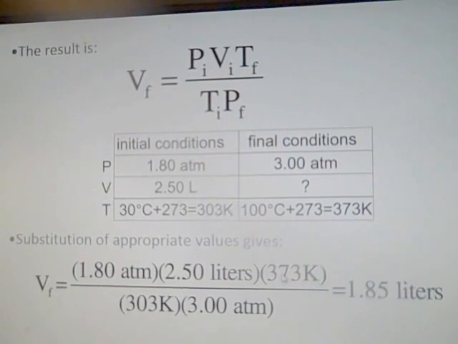You can see it on the bottom as well. And then in the denominator we have the initial temperature here, which is that, and the final pressure, which is that. You see these familiar numbers there. If we do the calculation, we come up with 1.85 liters.